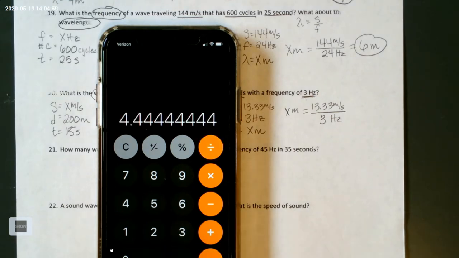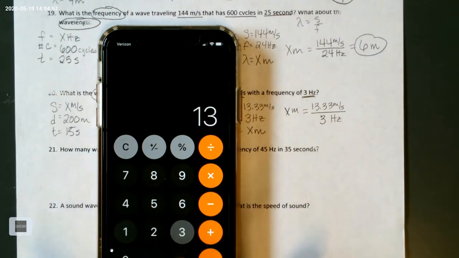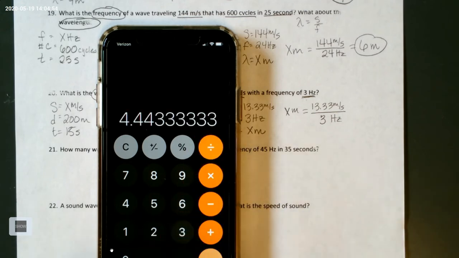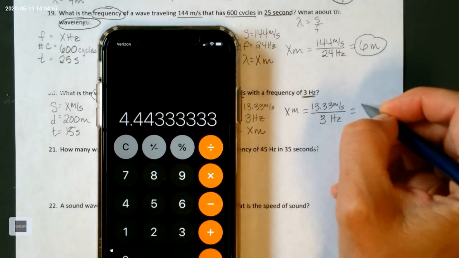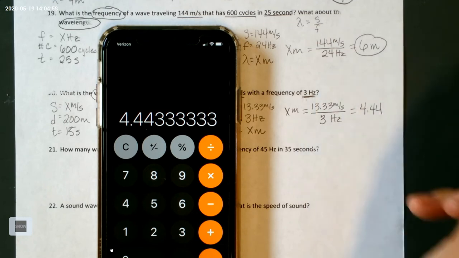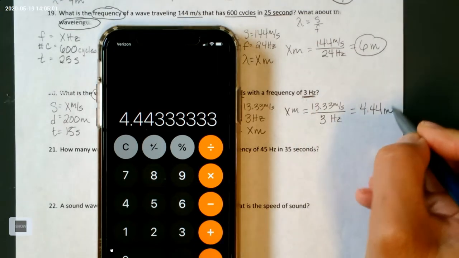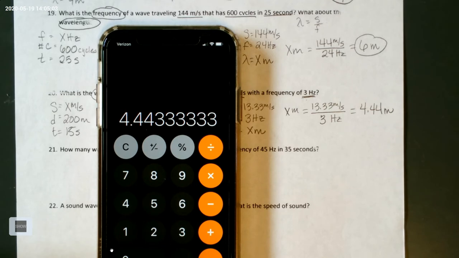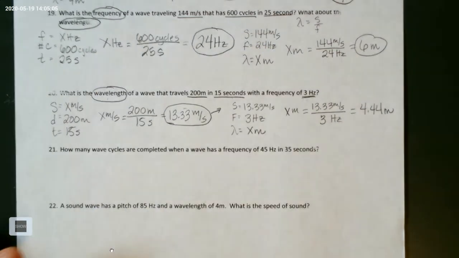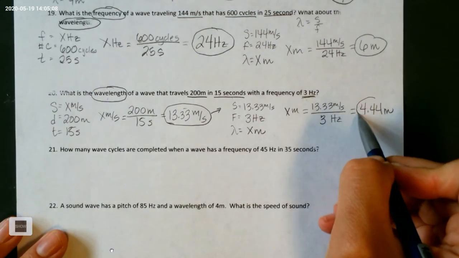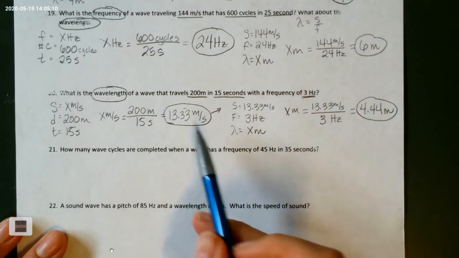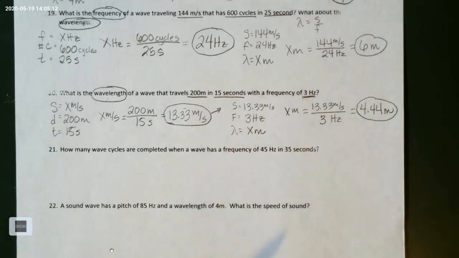Okay, and I get 4.444444. And I'll just plug it in this way so you can see. Same. And that is meters. We're looking for the wavelength. Okay, so this is the final answer that we were looking for. This answer was used to find that answer.